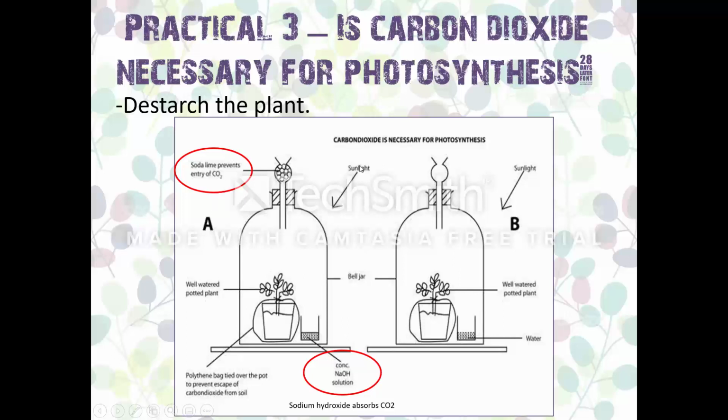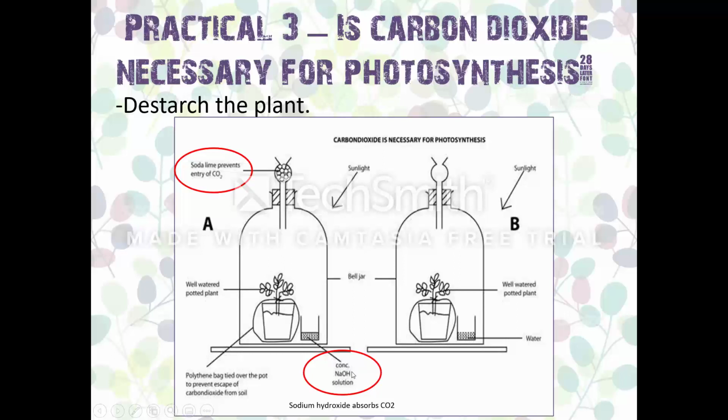I am going to expose it to sunlight because I'm only testing carbon dioxide. I can't test more than one factor at a time. All right, my test then, obviously carbon dioxide needs to be able to enter my bell jar, and I'm going to put a jar there because I did in the previous one. But in this case, I'm just going to put water in it because I don't want the carbon dioxide to be absorbed.